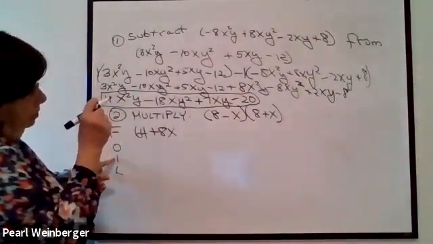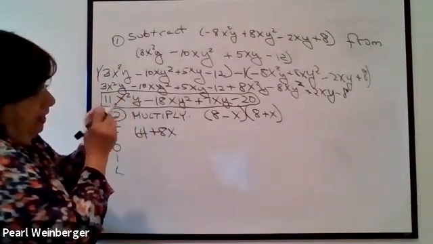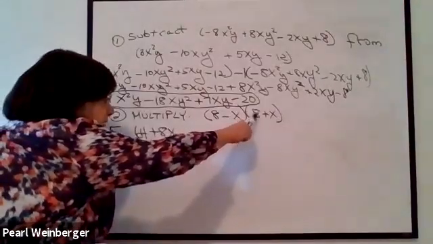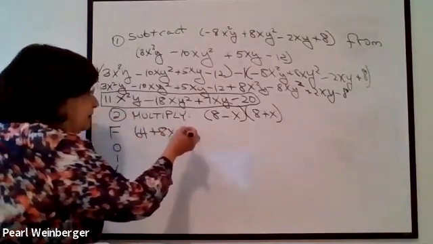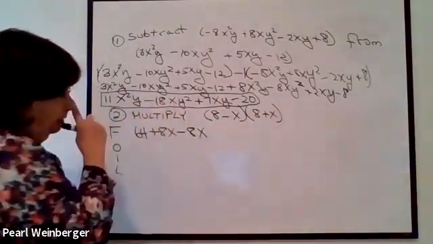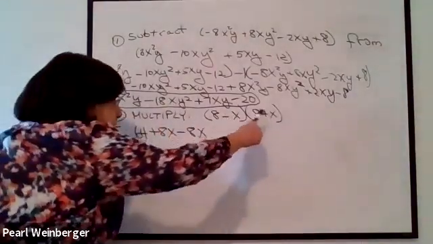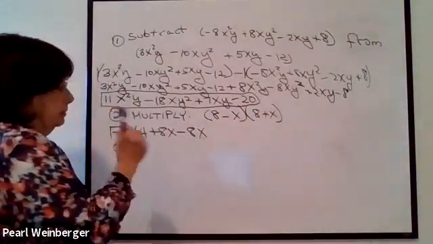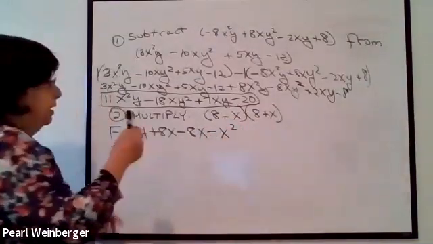Then we do inner, the closest together, the ones attached at the parentheses, which is the negative x here and the 8 there, and negative x times 8 is negative 8x. And finally, last is the last two terms in each parentheses, negative 6 times negative x times positive x, which is negative x squared.